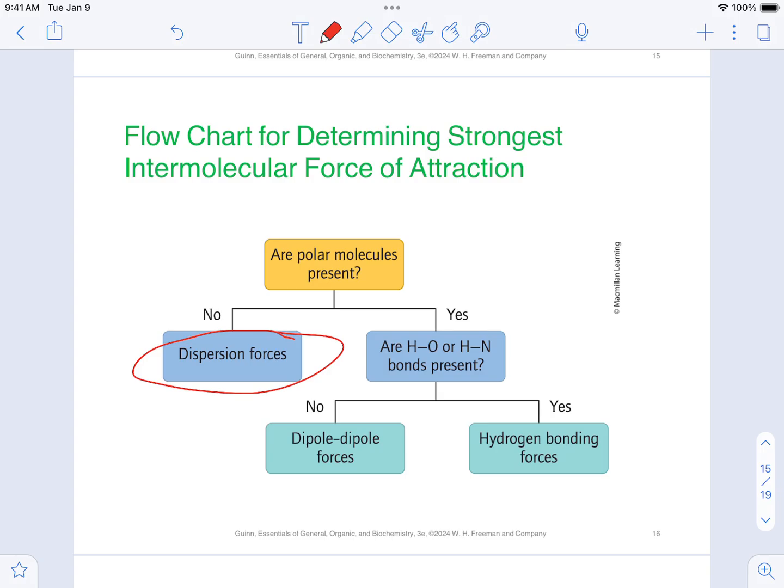If the molecule is polar, then you have to ask yourself the next question, do you have any hydrogen bonding? And involved here, we should have H to F as well. It's F, O, and N. If you don't have hydrogen bonding, then it's dipole-dipole and LDF. If you do have hydrogen bonding, then it's hydrogen bonding, dipole-dipole, and LDF.